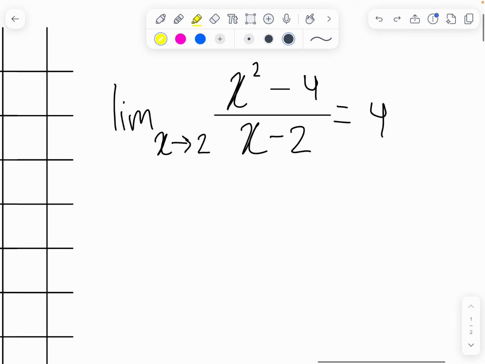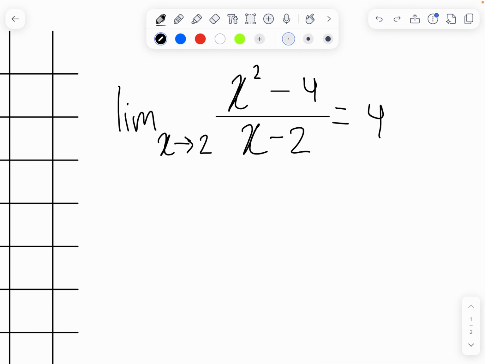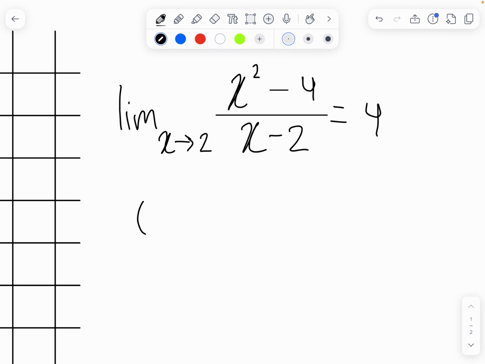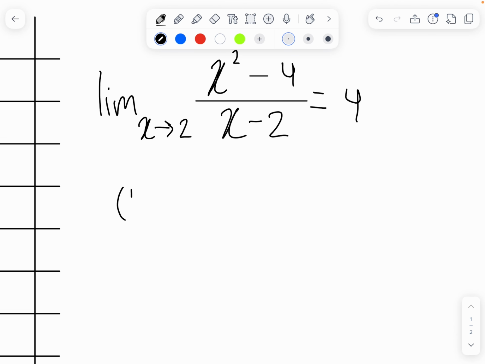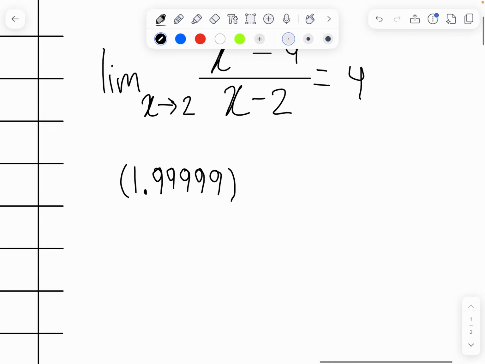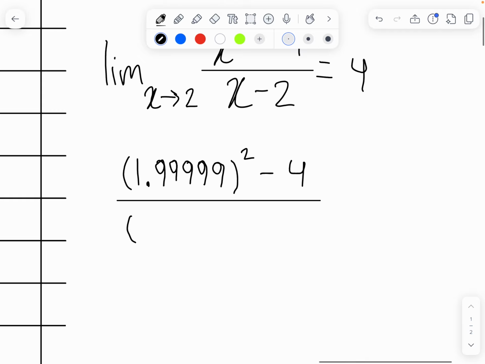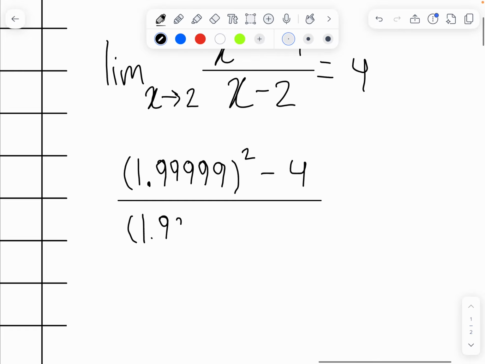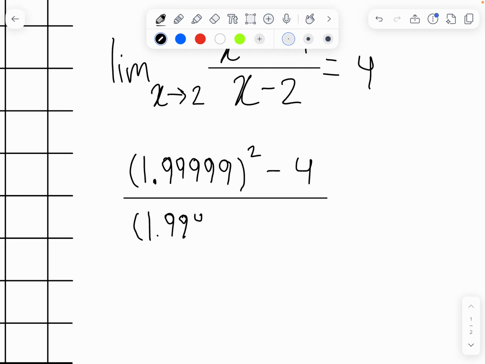Let's say I plug in the value of a number that is very, very close to 2. So 1.9999 squared minus 4 over 1.9999 minus 2.